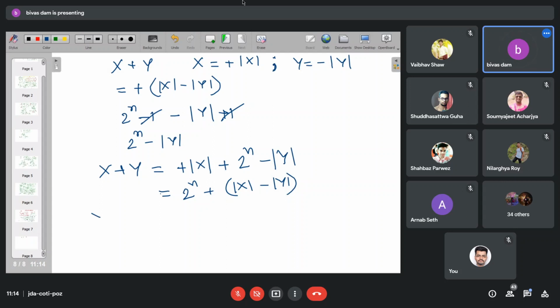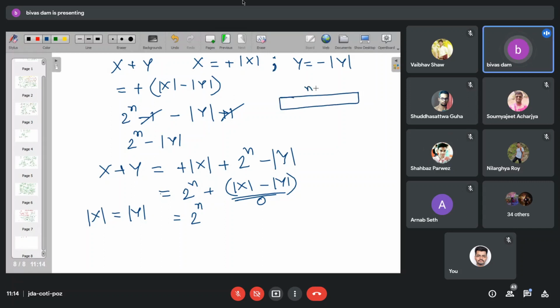One is, magnitude wise both are same. In that case, this is how much? 0. So, what is the result you are getting? 2 to the power n. So, what is the 2 to the power n?